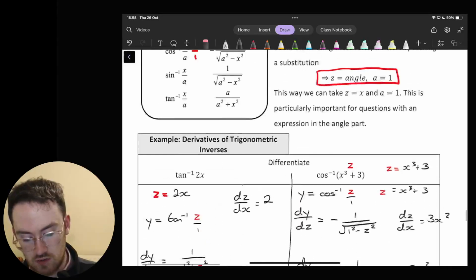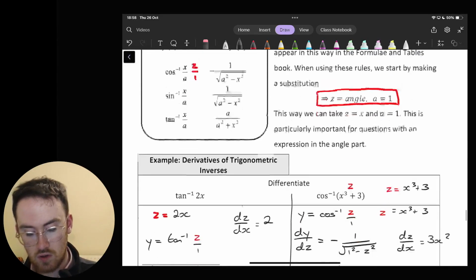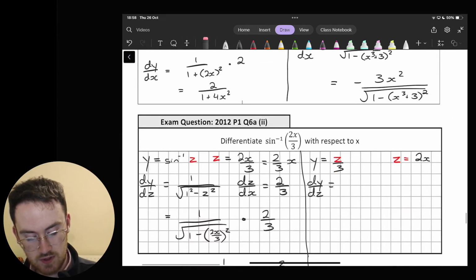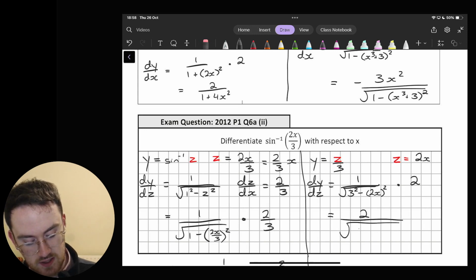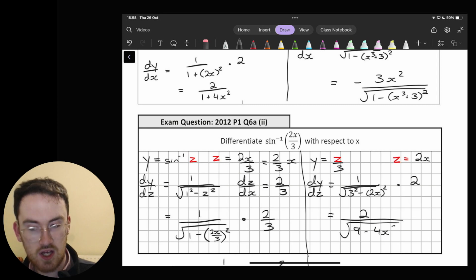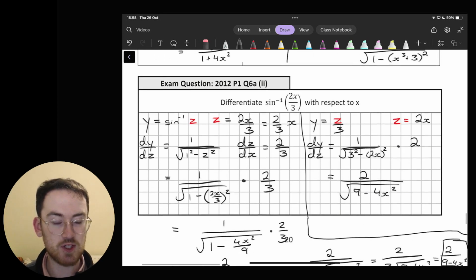So looking back at our rule, it's 1 over the square root of 3 squared minus 2x squared, and we multiply by the derivative of z, which is just 2. And this leaves us with getting to our answer in a much quicker fashion.